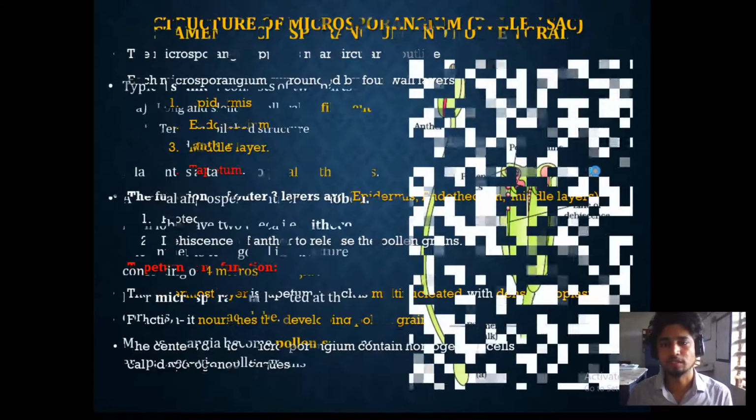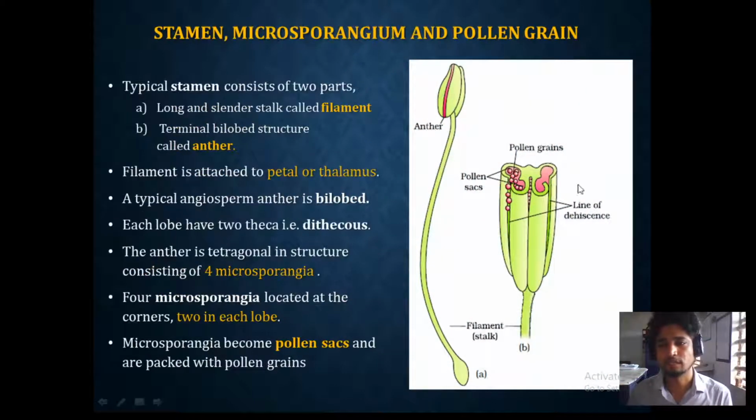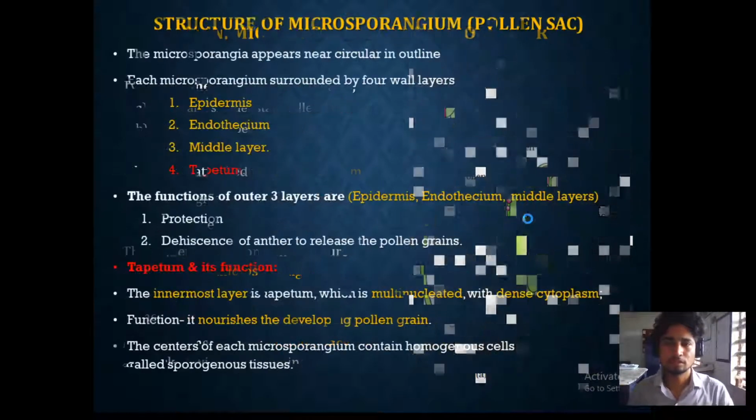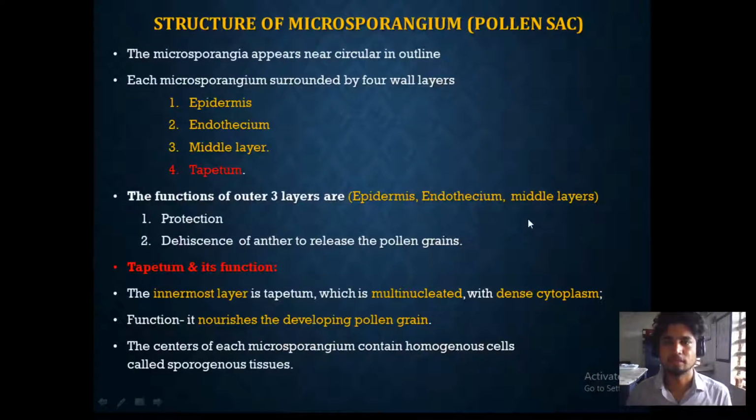We said that each anther has 4 microsporangia, located 2 in each lobe. Starting with the microsporangium, that is the pollen sac, it appears nearly circular in outline.